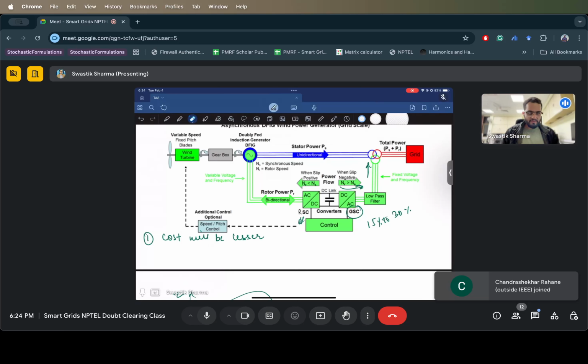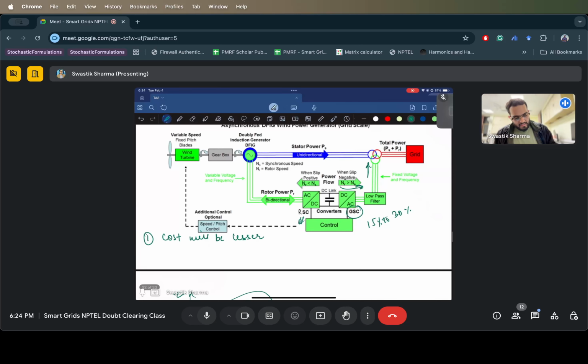You can let me know if it's wrong, but the components are not supposed to be at the same rated power as your grid. Because the components' rated power is less, your cost will be less.